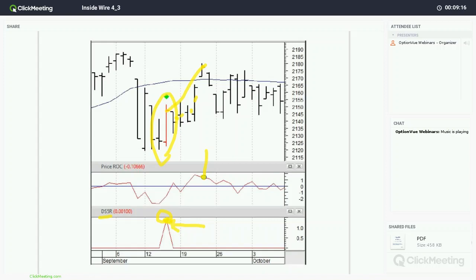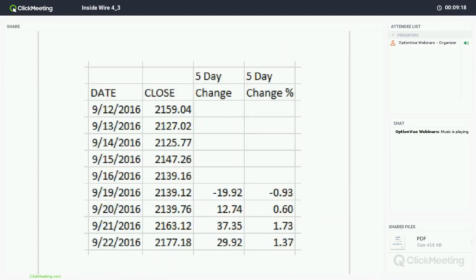Okie dokie. So with that said, I created a little spreadsheet so you can clearly see how we do this, where we take the 5-day rate of change and then I create a percentage based on that. I'm looking at basically the 5-day change.